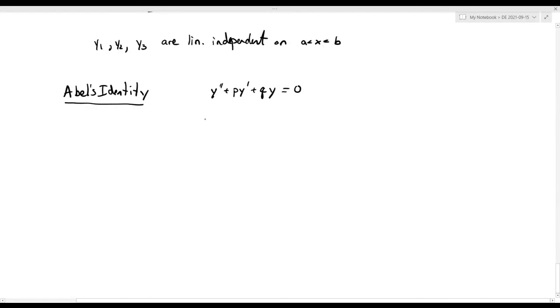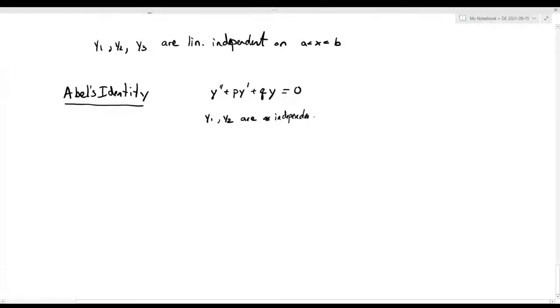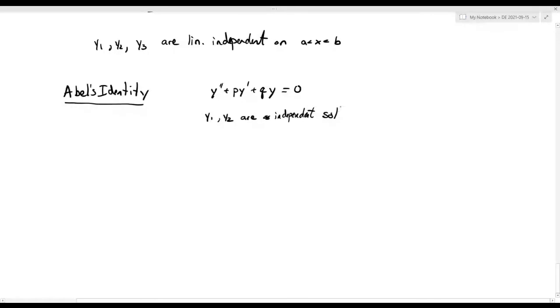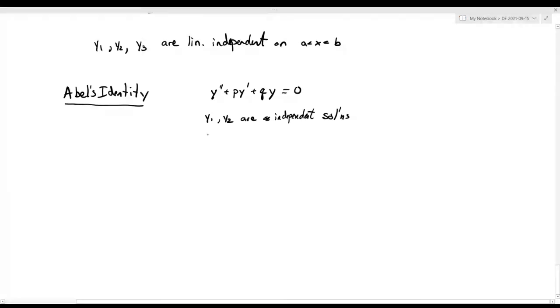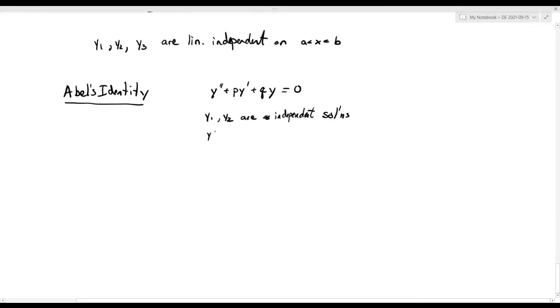And suppose we know y1 and y2 are independent functions that are solutions to the differential equation. And we also have, say, an initial condition: y at t naught should give you y naught.